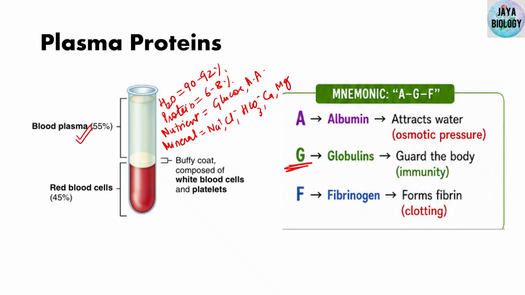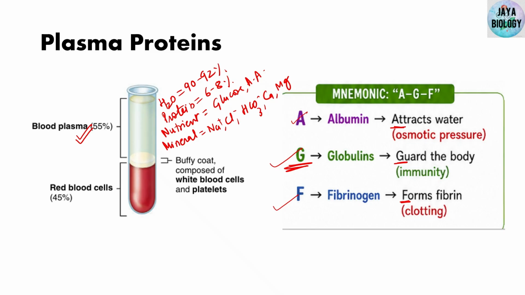It is synthesized by a special type of cell, the plasma cell, which is actually a differentiated B lymphocyte. So three types of plasma proteins are there: albumin, globulin and fibrinogen. A mnemonic is given for learning also. A: albumin means to attract water, G: globulin to guard, F: fibrinogen to make fibrin.